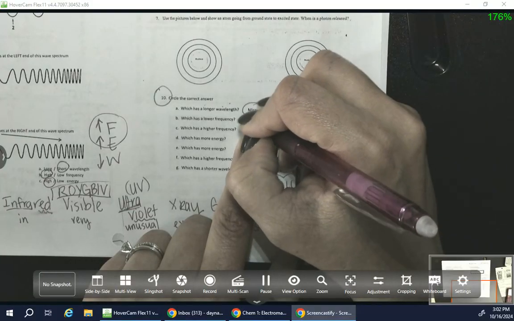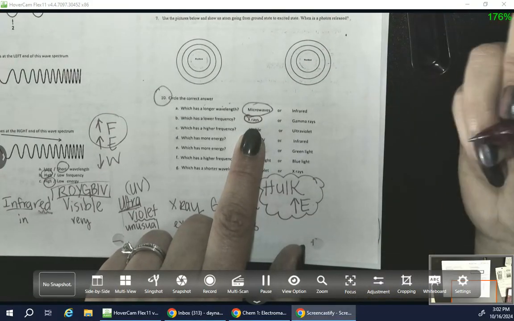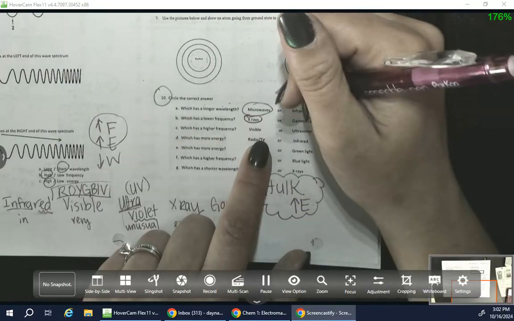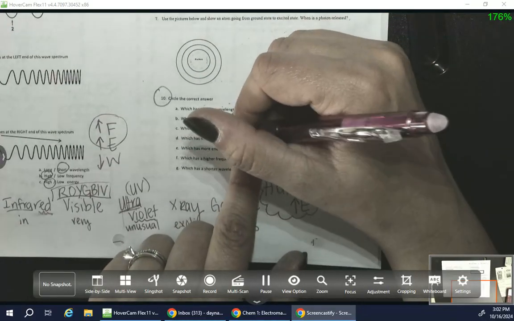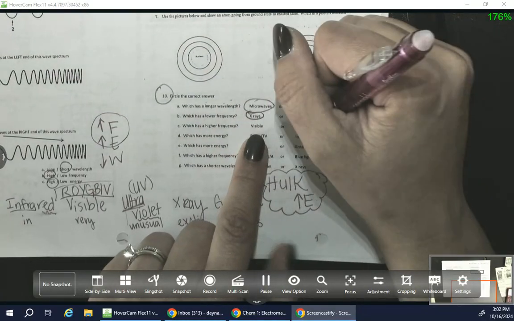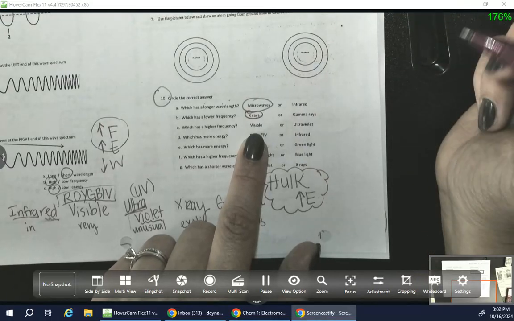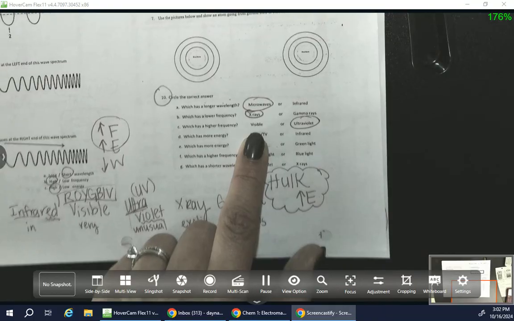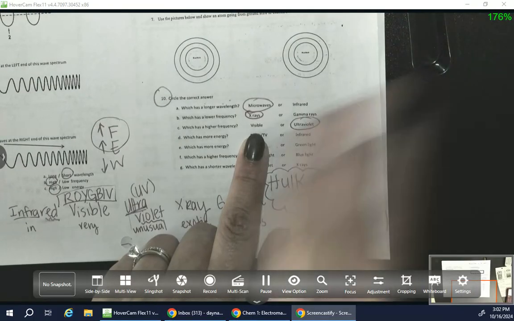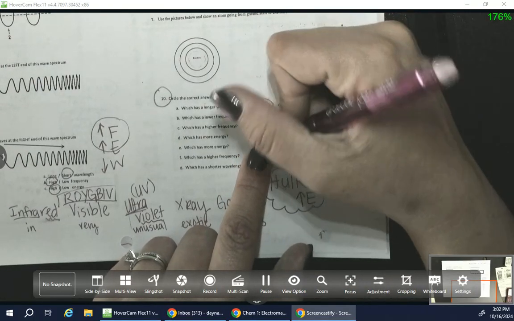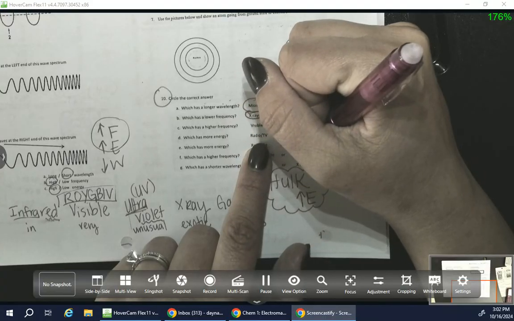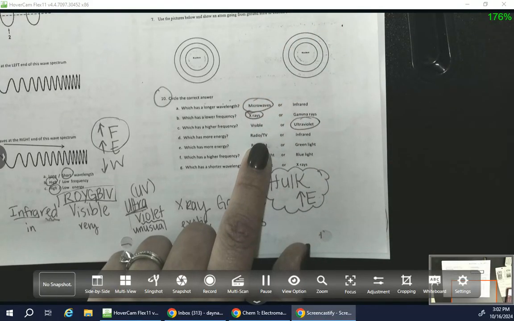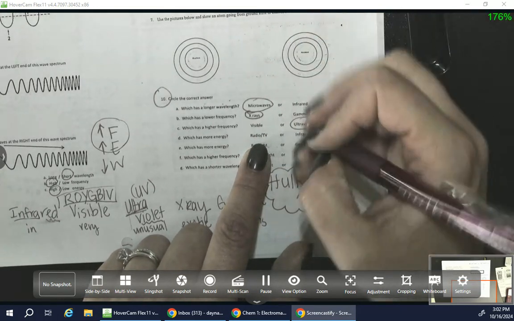X-rays. Lower energy, go away from gamma. Which has the higher frequency, visible or ultraviolet? UV. That's why we need to wear sunscreen. Radio or infrared, more energy?